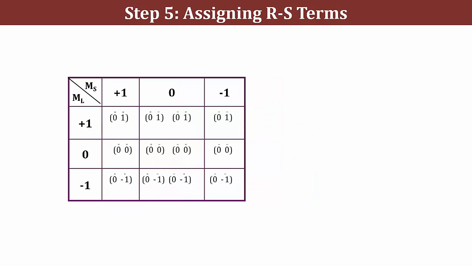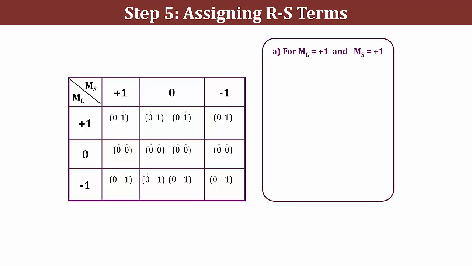Now we move on to the next step where we have to assign the RS terms. So we begin with the largest value of ml, which is plus 1, and ms plus 1. Now the term symbol is represented as 2S plus 1 L. 2S plus 1 is the spin multiplicity and L is the maximum value of ml.